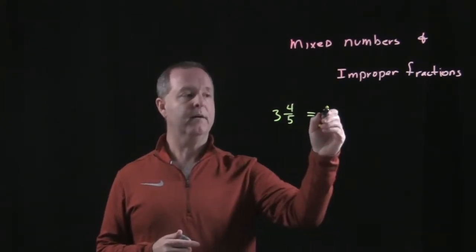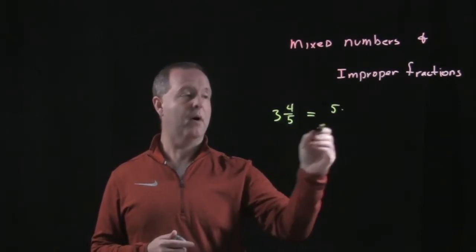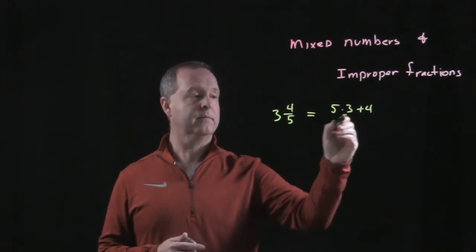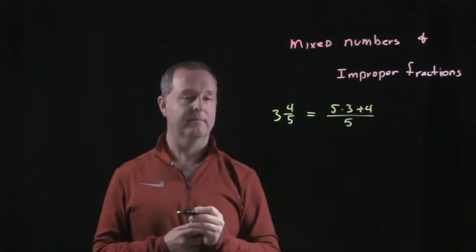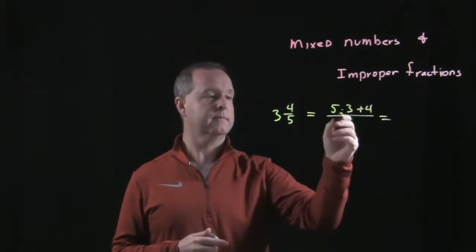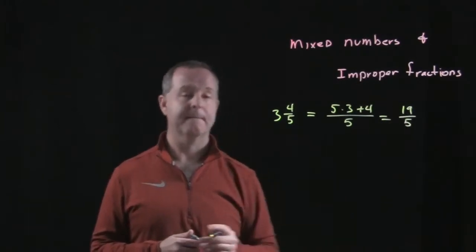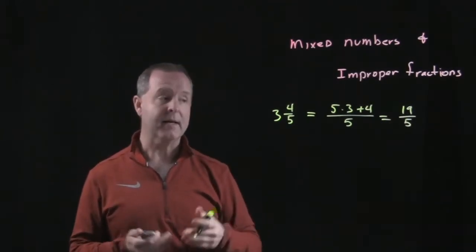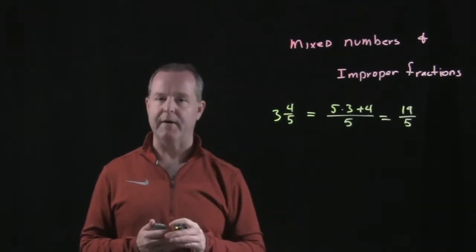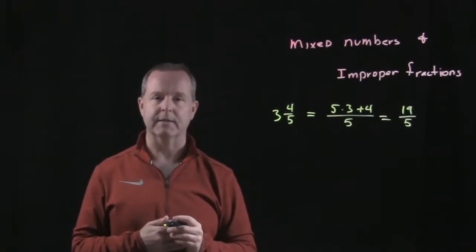We take the denominator, multiply it by the whole part, add the numerator, and divide by the denominator, where that equals 15 plus 4, which is 19 over 5. And then 19/5 becomes my improper fraction. Now this isn't reduced or simplified, it's only converted from a mixed number to an improper fraction.